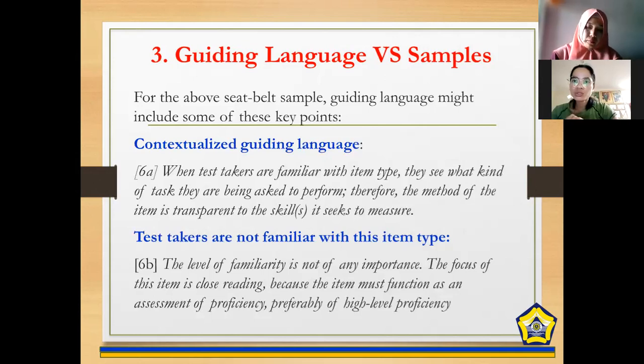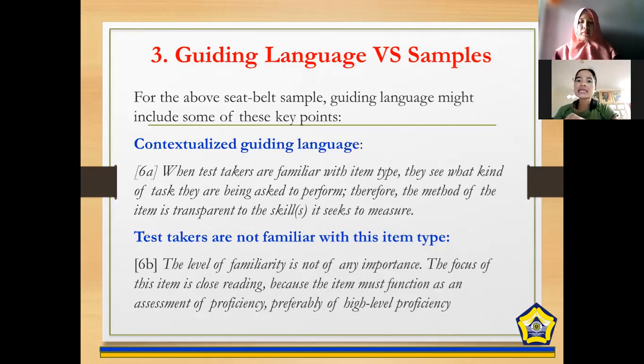Let's continue with contextualizing guiding language, like example 6a. Test takers who are familiar with the item type see what kind of test they are being asked to perform. Therefore, the method of the item is transparent to the skills it seeks to measure.